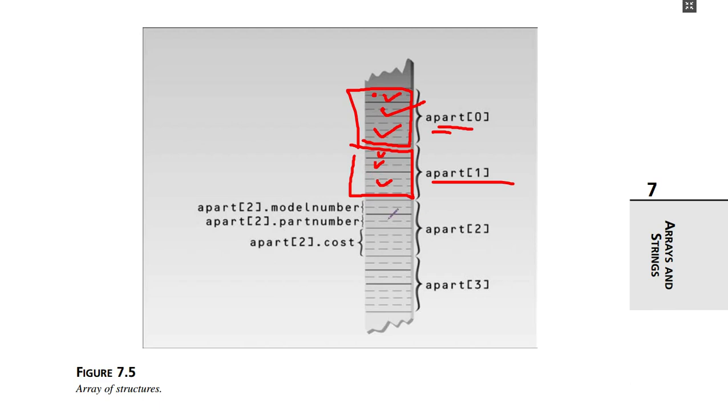And similarly a part 2 dot model number would simply mean this location, a part 2 dot part number would mean this location, and a part 2 dot cost would mean this location. So if you want to save some number at this location, you just call it by this variable.